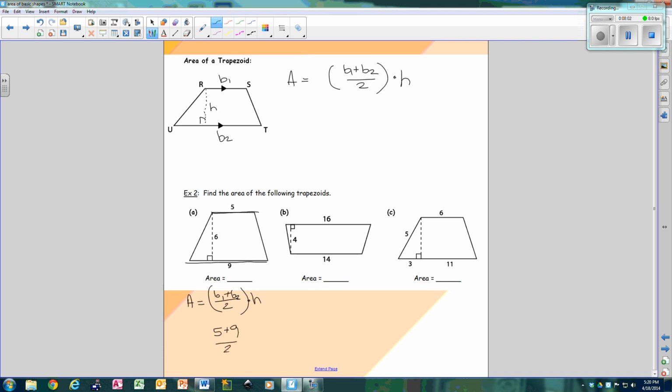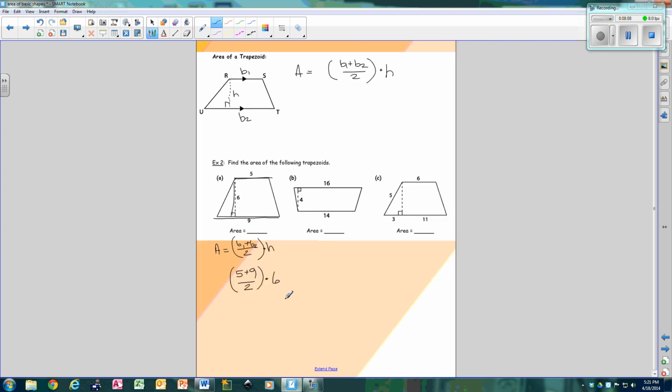Then divide by 2. Then multiply by your height, 6. So I've got 5 plus 9, which is 14, divided by 2, which is 7, times 6 is 42. So the area is 42.